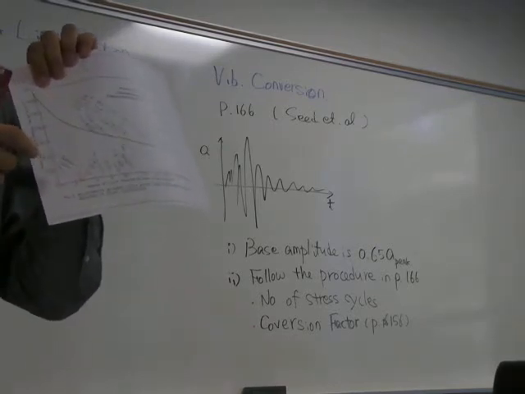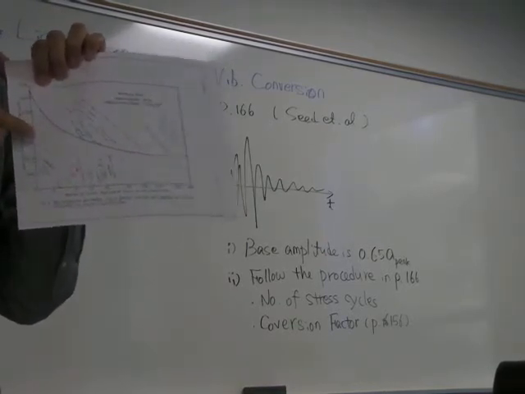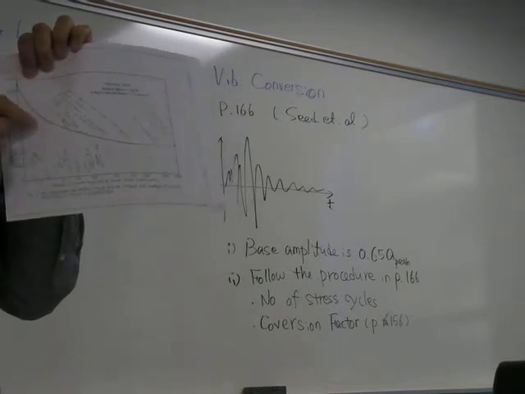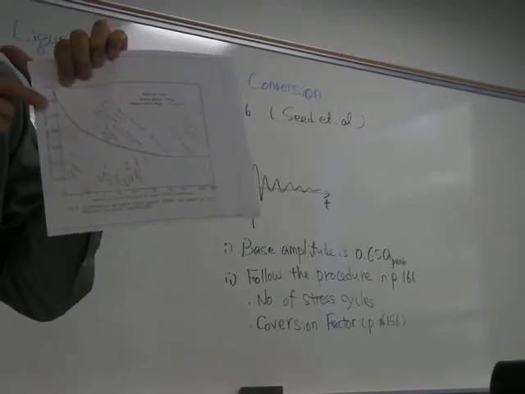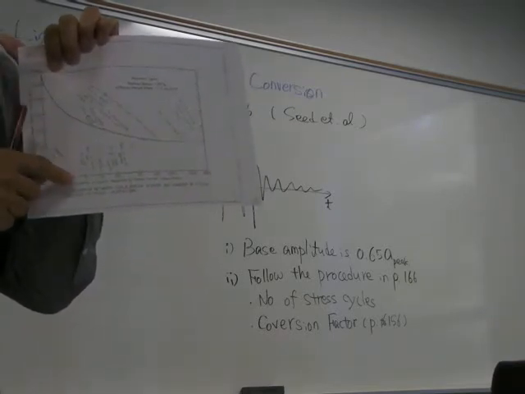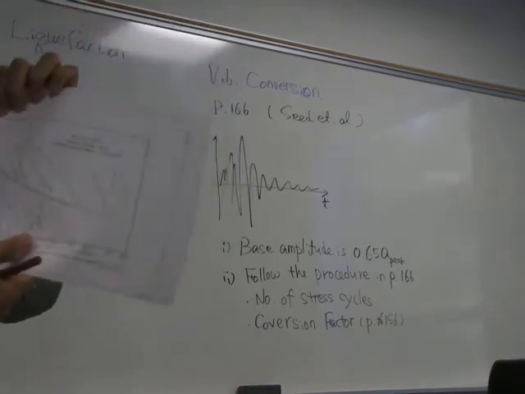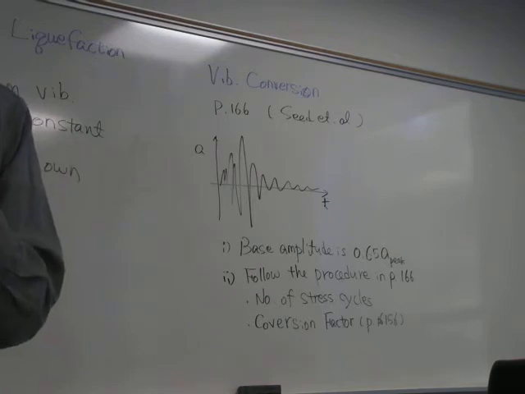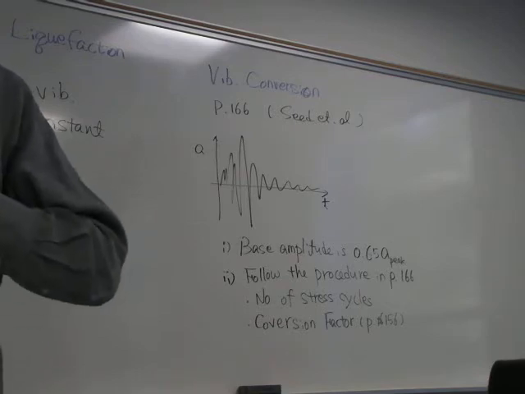Then we find, if we take 0.65 peak acceleration, the number of equivalent cycles is somewhere around 3. That means the damage of 1 peak acceleration will be about the same as the damage caused by 3 cycles of 0.65 peak acceleration.